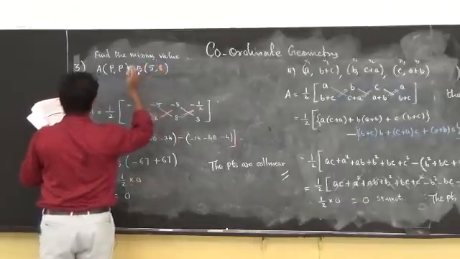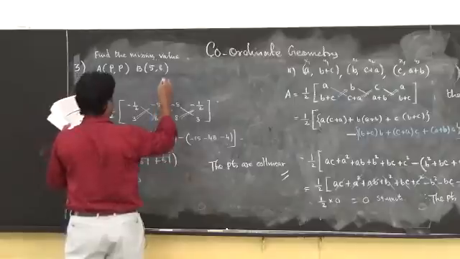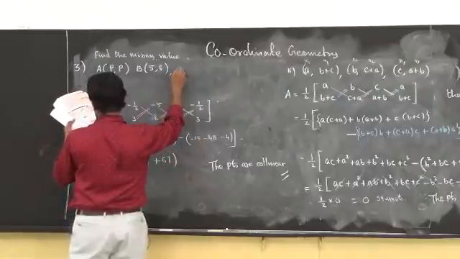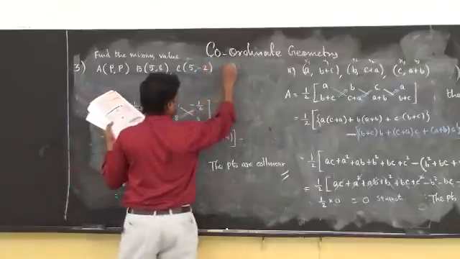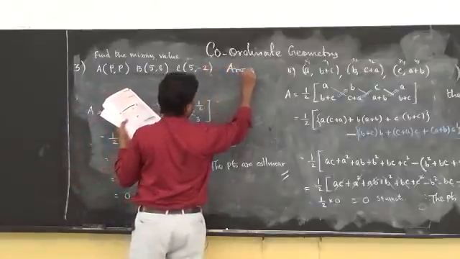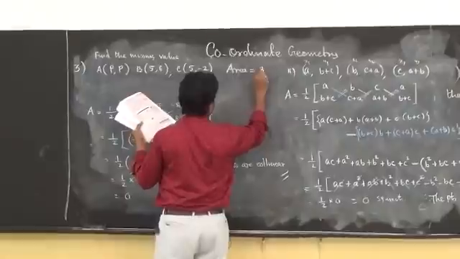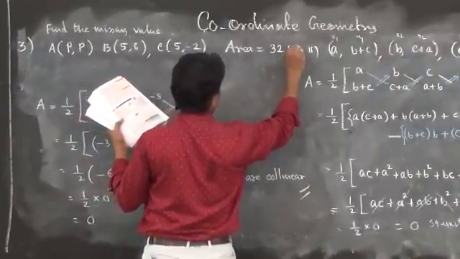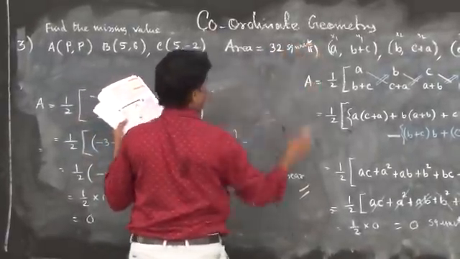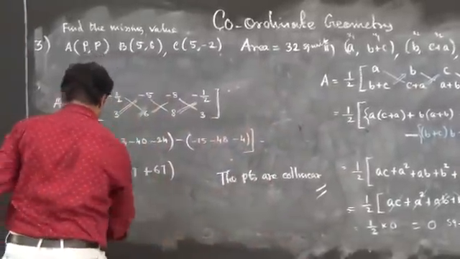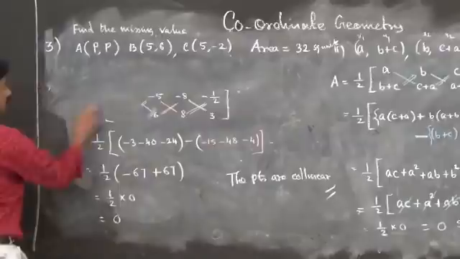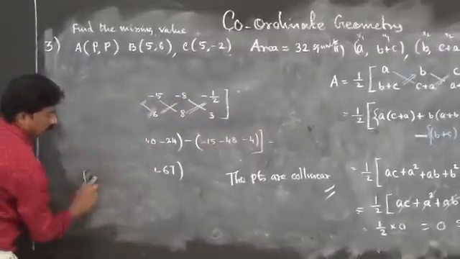So directly I take A as P comma P, B as 5 comma 6 and C as 5 comma minus 2. And what is given? Area of the triangle is given. Area is equal to 32 square units. Now you have to find the value for P. The missing term is P. P is a variable.